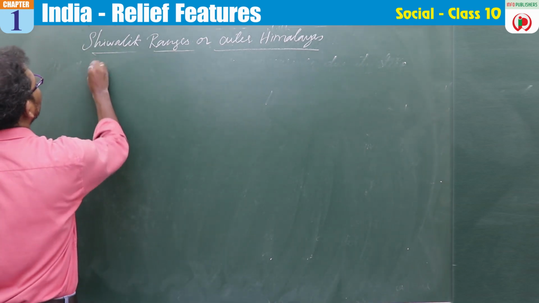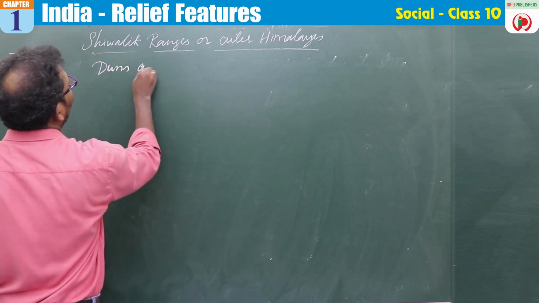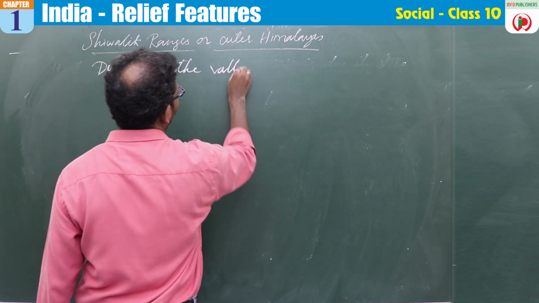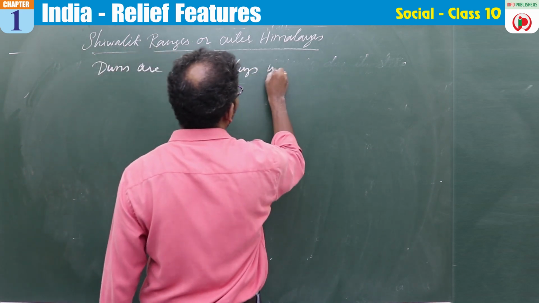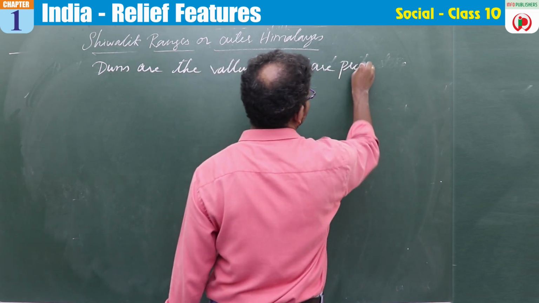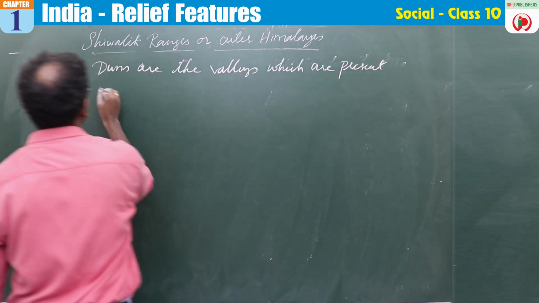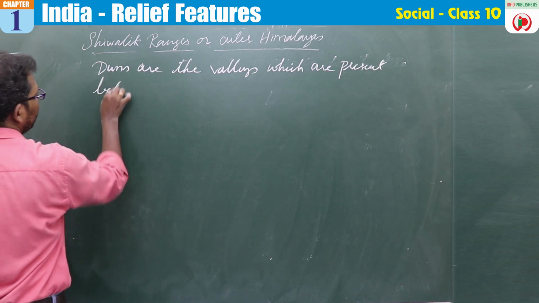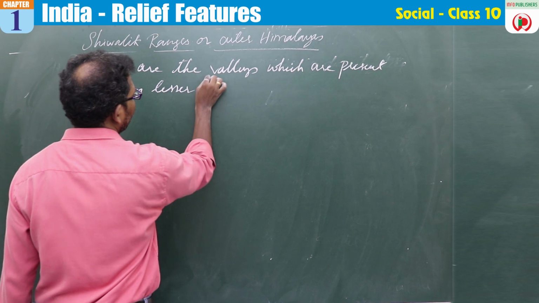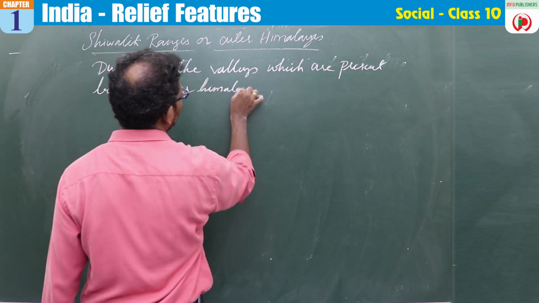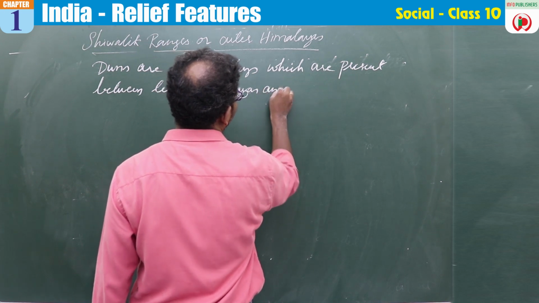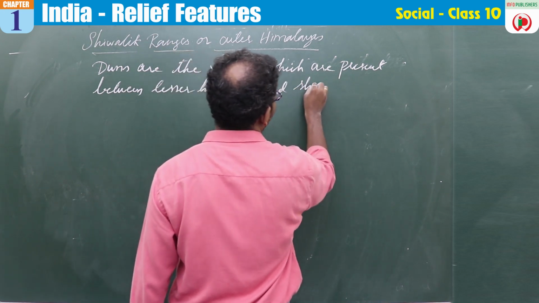So dunes are the valleys which are present between the Lesser Himalayas and Shivaliks.